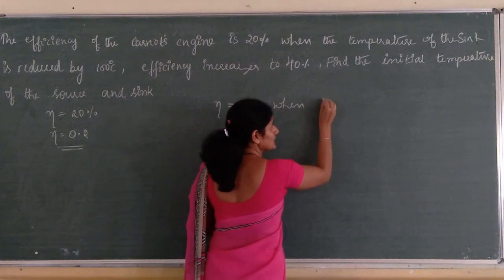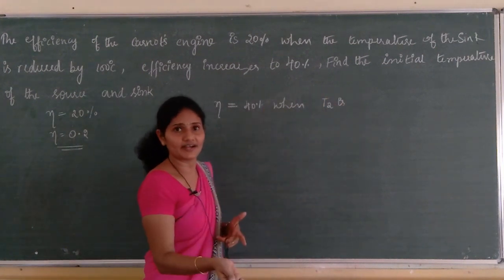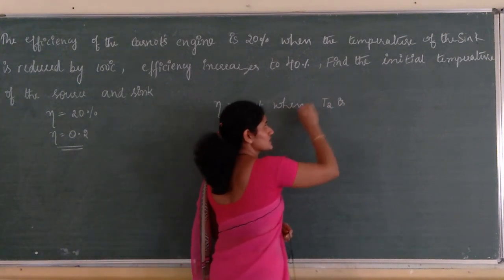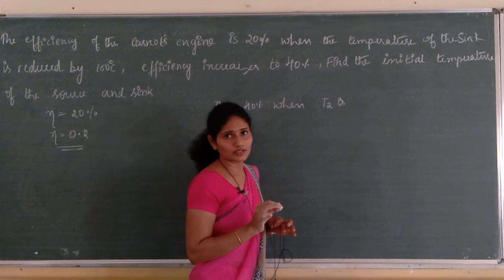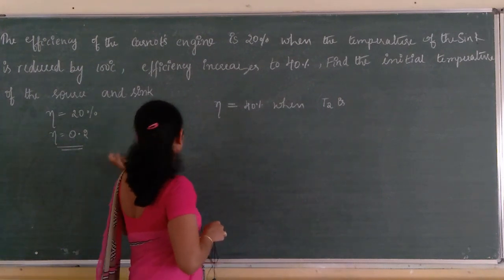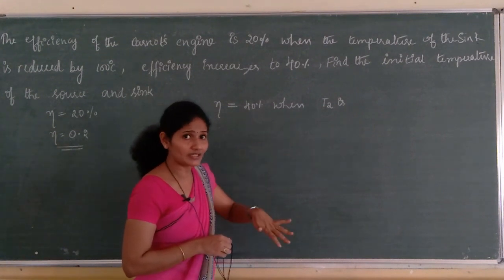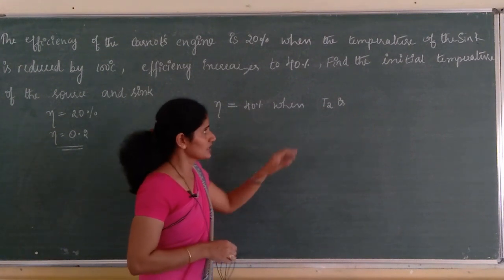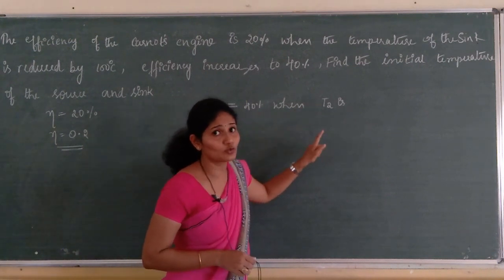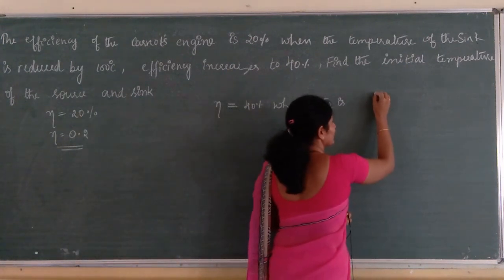When T2 is reduced by 100 degree. That is, if initial value of the sink is T2, then on increasing its efficiency from 20 to 40%, temperature decreases by 100 degrees Celsius. Initial value is T2, therefore, the final value is T2 minus 100. We are decreasing it by 100 degree.